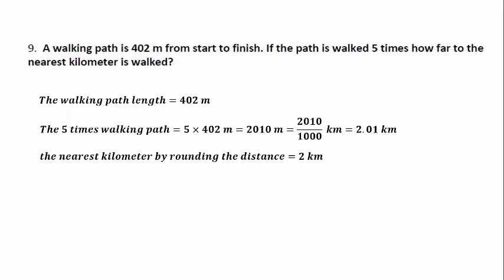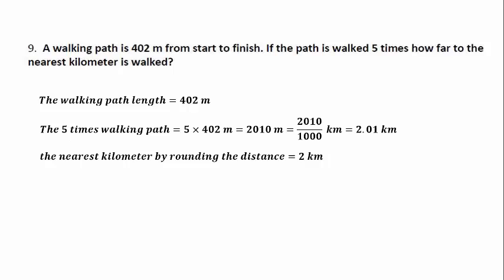Problem number 9. A walking path is 402 meters from start to finish. If the path is walked 5 times, how far, to the nearest kilometer, is walked? Of course, the walking path length is 402 meters. Walking the path 5 times equals 5 times 402 meters.